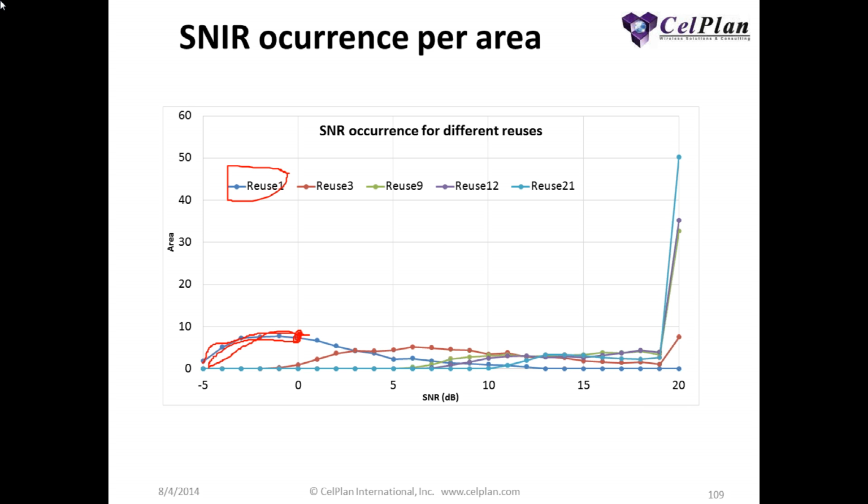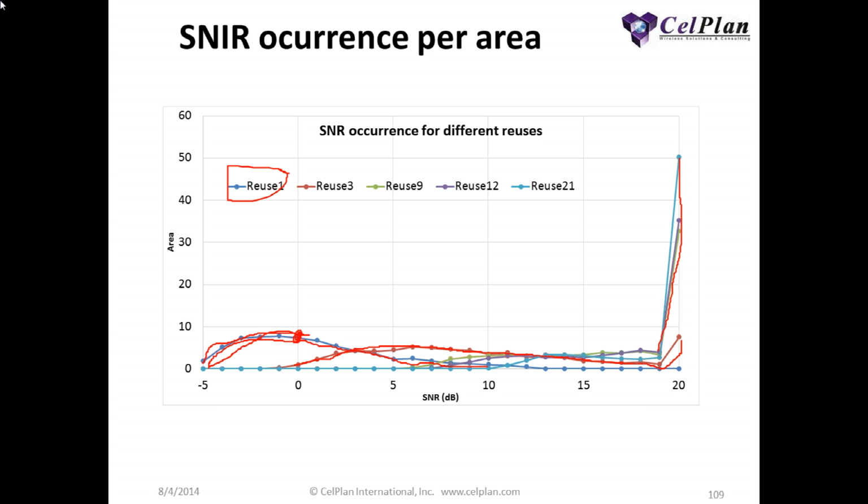The best case is 10 dB. While reuse of 3, the bulk is positive, and it goes all the way to 20. And for reuse of 21, the bulk really is on SNRs of 18 dB, 20 dB. So, well, the first conclusion is let's go to reuse of 21.